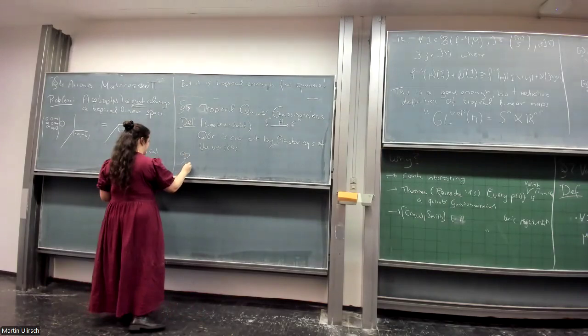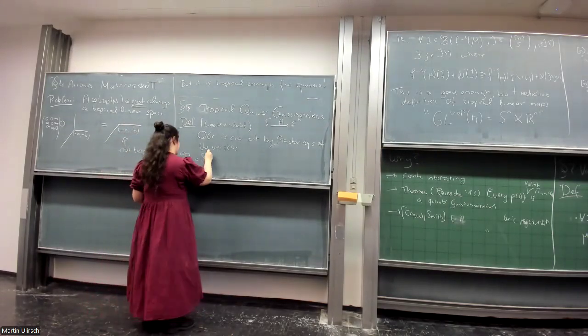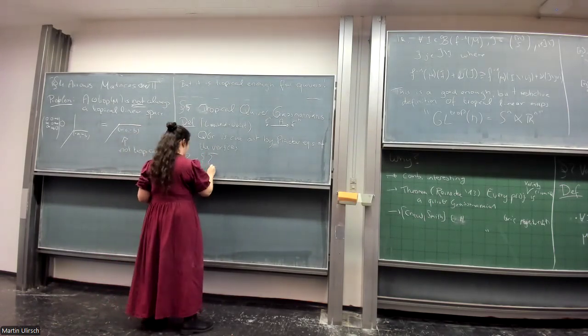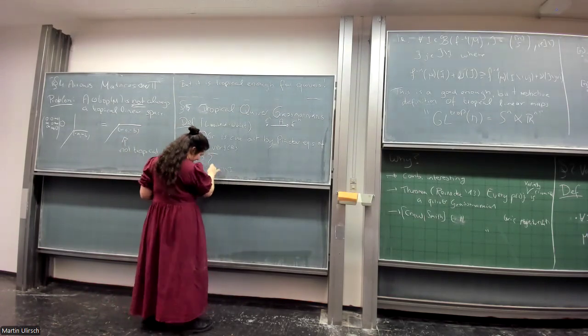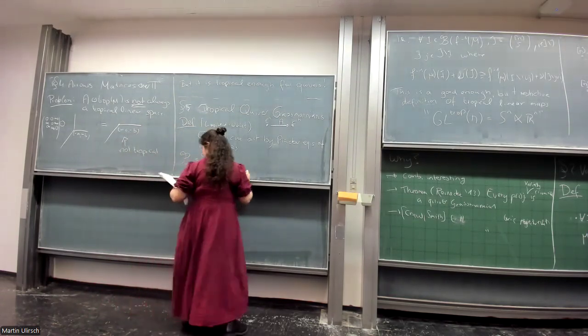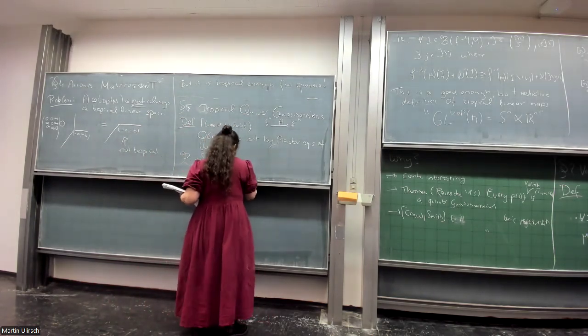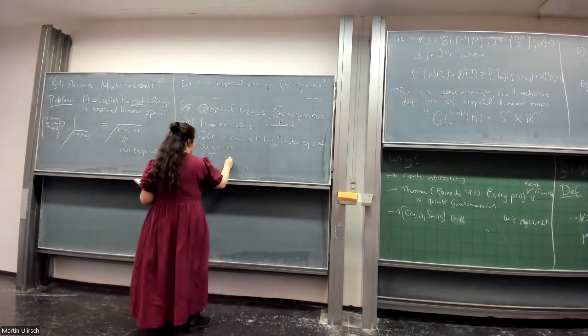So P alpha N are the sum over all J in N set minus I. You have some kind of sign.